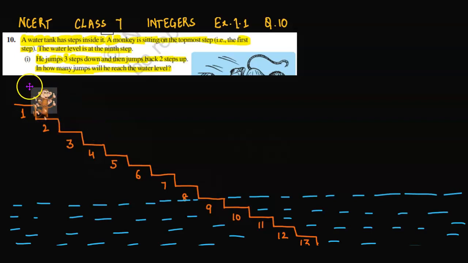So he continues to do that. So let's see how it looks like. His movement looks like jumping downwards 3 steps, he reaches the 4th step. Again his mood changes and he jumps upwards 2 steps.